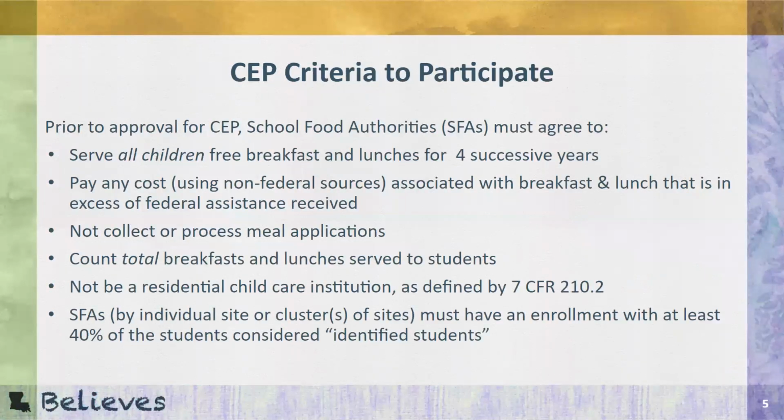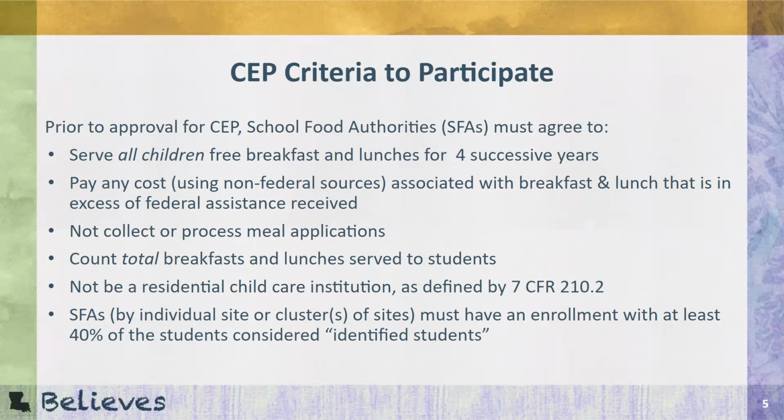The criteria to participate: prior to approval for CEP, school food authorities must agree to serve all children free breakfasts and lunches for 4 successive years, and to pay any costs associated with breakfast and lunch that may be in excess of the federal reimbursement, and you would pay those funds with non-federal funding sources.